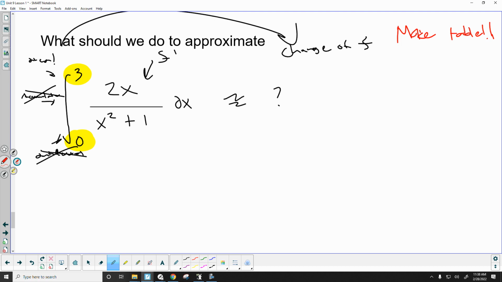I would like a right Riemann sum using, how many would you like to do? 2. 3 is a good idea. 4 is a horrible idea. 6 is doable, but I'd prefer not to. But you picked 3, which is a wise choice.